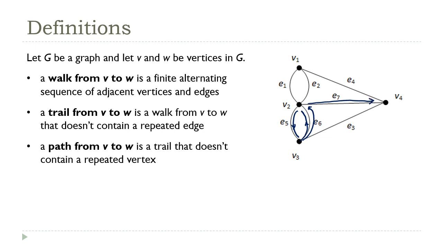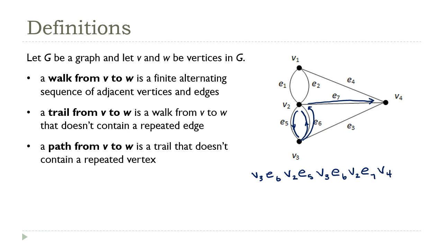So the definition, it kind of explains how I would describe this, how I would write this mathematically. I'm going to do an alternating sequence of vertices and edges. So we started at V3, then took E6 to V2, then took E5 back to V3, then took E6 back to V2, then finally took E7 to V4.